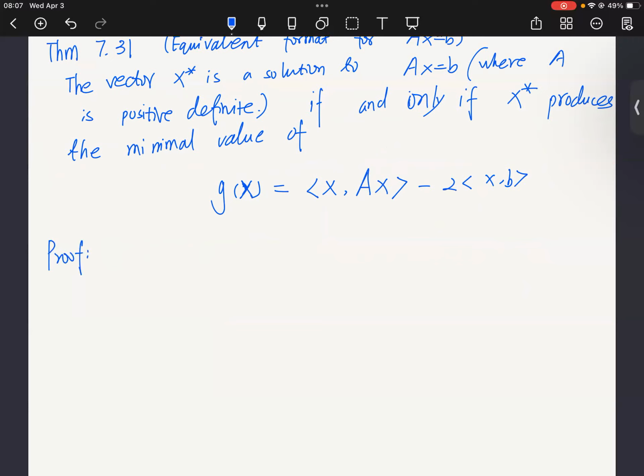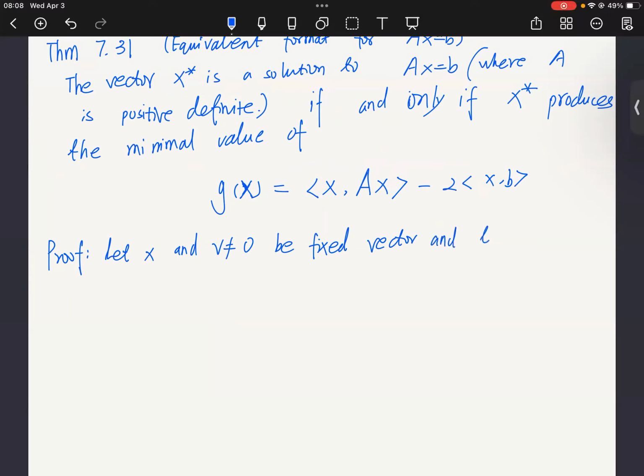Let's say we fix x and fix v, a non-zero vector. So let x and v be fixed vectors. Starting from here, we are going to get some function about g(x).